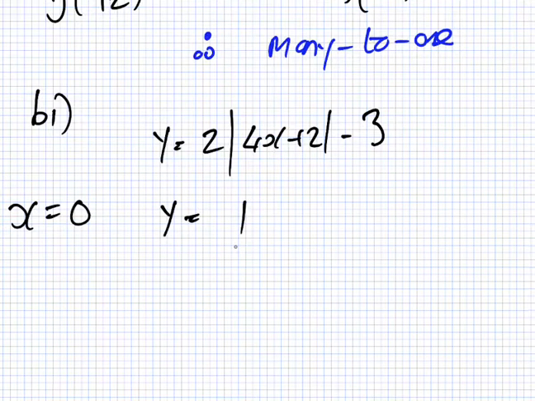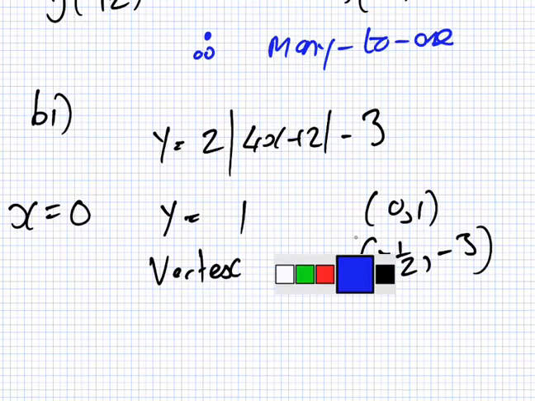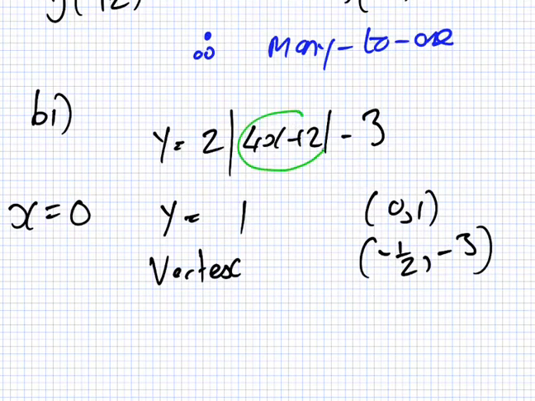Yes. This is where it crosses the y-axis. The next easy point to find is the vertex, which would be minus a half and minus 3. If you remember how to find the vertex, you make this 0, that gives you the x, and this will be the y. Just like in semester 1 when you did finding the vertex by using the method of completing the square.